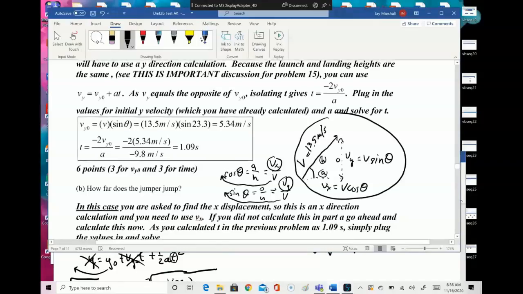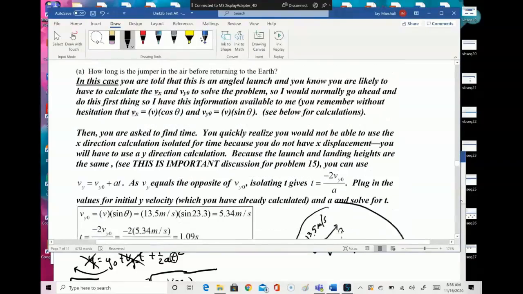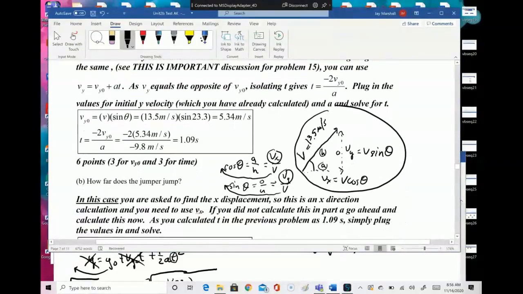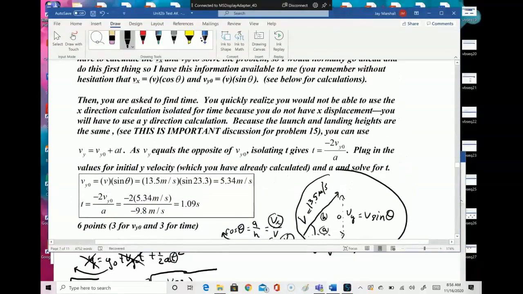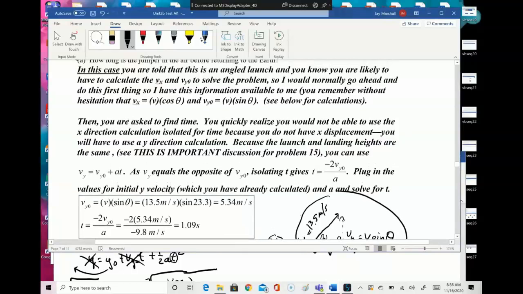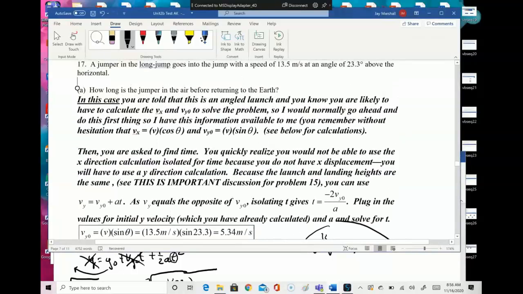So in the first one, you're asked to find time. Okay? And we said that in angled launch, I can't use y equals y0 plus vy0 times time plus 1/2 at squared.